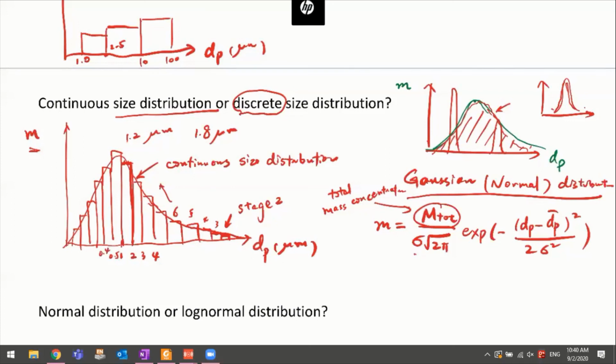But then people realize that there are some problems. So first, basically for the outside air, it generally looks something like this. We have a very steep uphill part, and then a very tapered or very long tail for the size distribution.